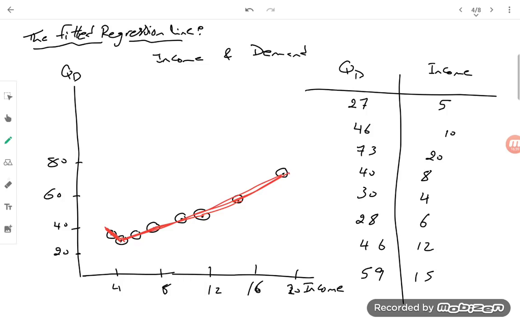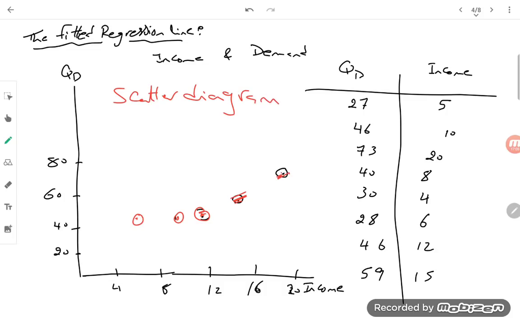This figure, without the line, is just dots. It's known as a scatter diagram or a scatter plot. So from this scatter diagram, we cannot determine whether it is a positive relationship or a negative one.